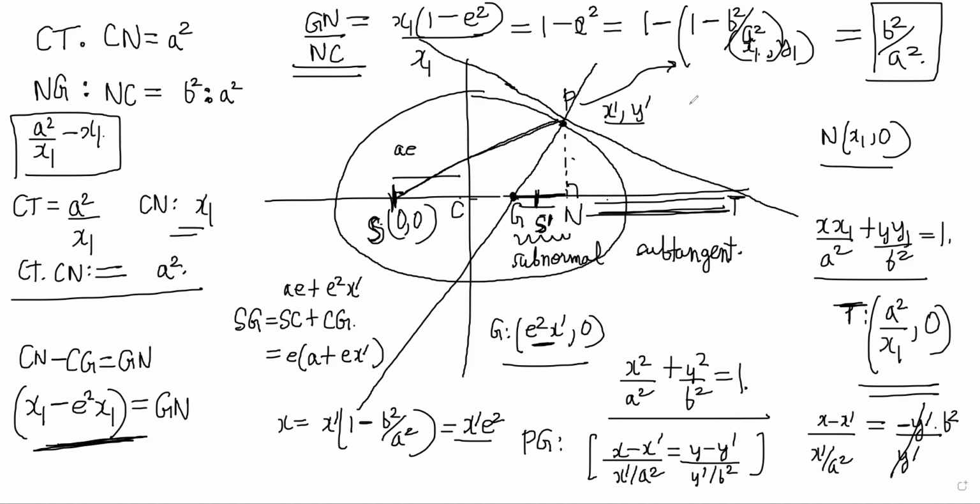There are two foci, right? Any point's focal distance will be A plus Ex dash and A minus Ex dash. And therefore, the sum of the focal distances becomes 2A, right? PS1 plus PS2 is equal to 2A. This you remember.